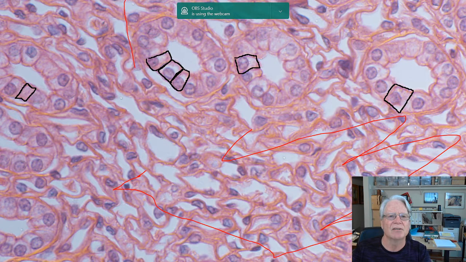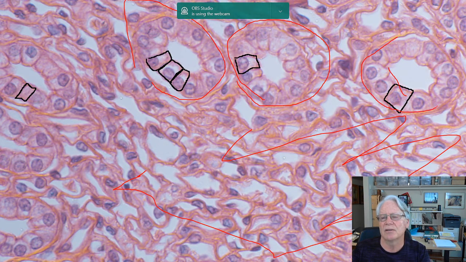It's these structures right here and here, okay, and here. There, okay, and over here, these here, here, and there. Those are all examples of the ducts inside a kidney, and they're lined with the cuboidal shaped cells.